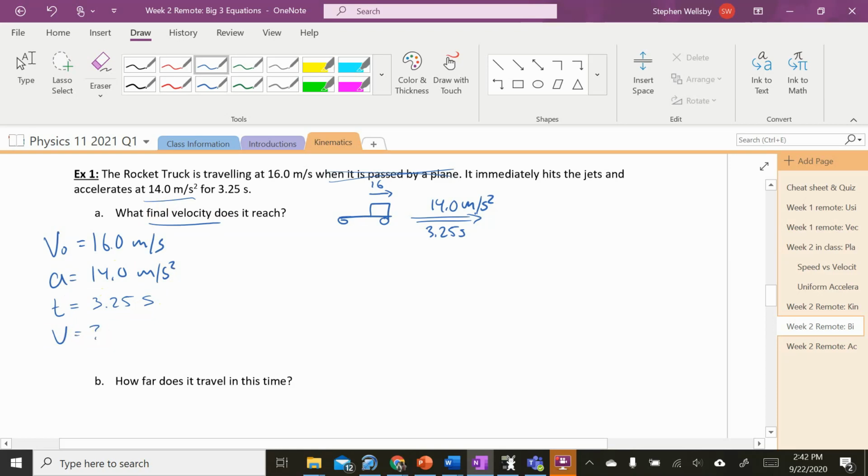So let's see what we have. We have these four variables, one of them being an unknown, the final velocity. What formula allows us to compare all these four quantities together? There's only one of the big three that's going to work in this case, and that's v equals v naught plus at.